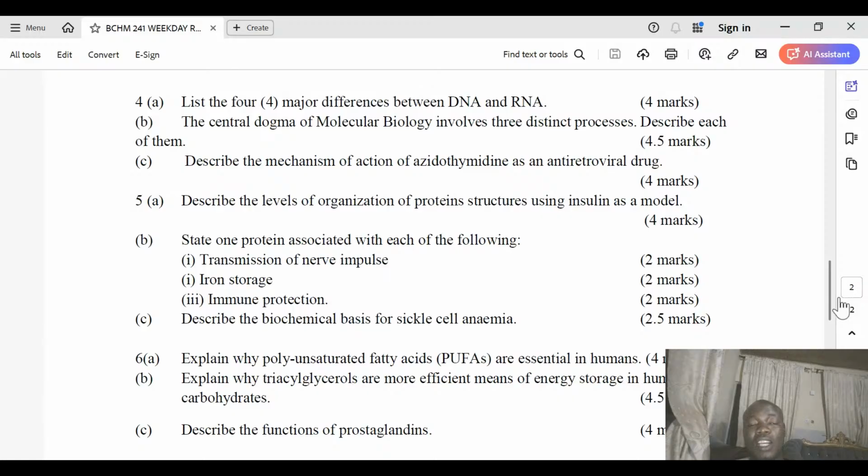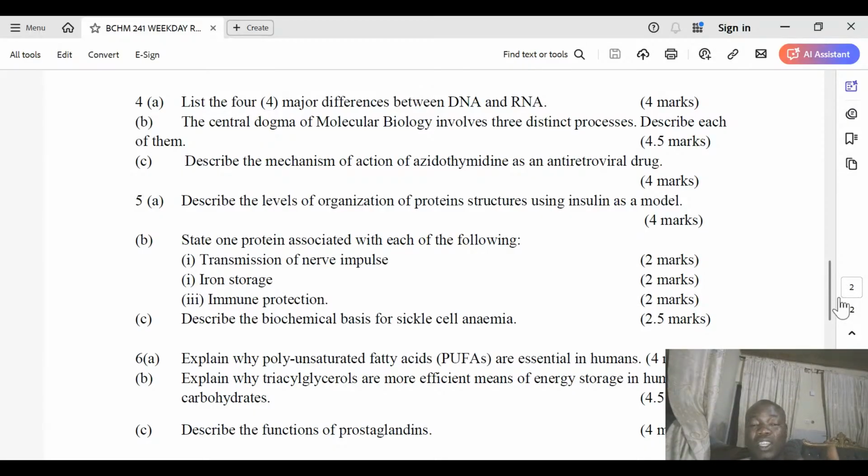But due to mutation, the glutamic acid is replaced with valine. And that is what leads to the change of the shape of the red blood cells, leading to the sickle shape. So the story of sickle cell anemia is just due to a change of one amino acid at position 6, where glutamic acid is replaced by valine, and that is what changed the story.